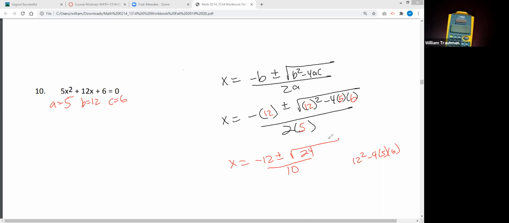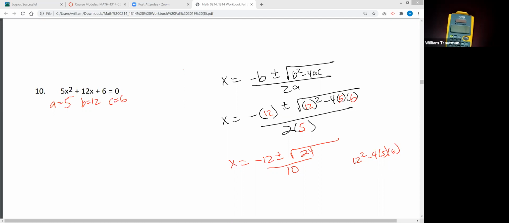Did anybody else get 24? On the inside of the square root, 12 squared.